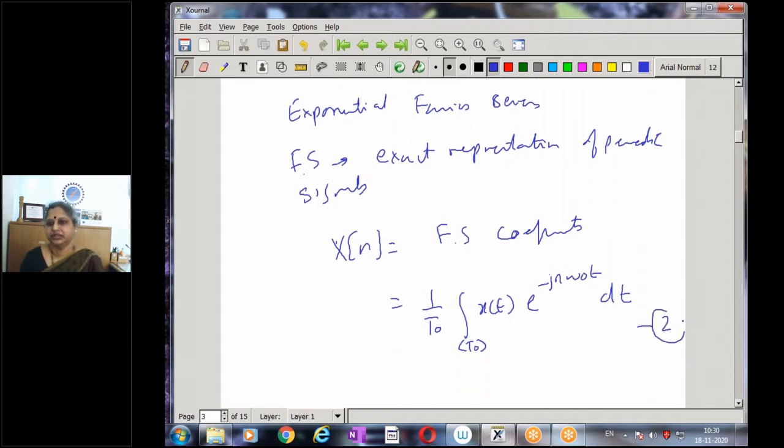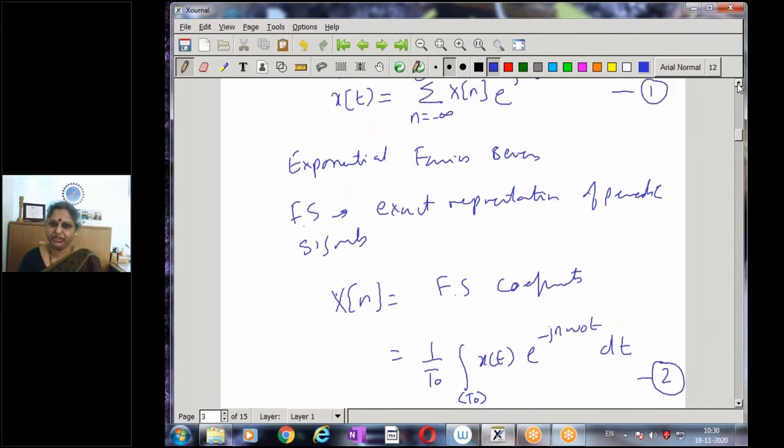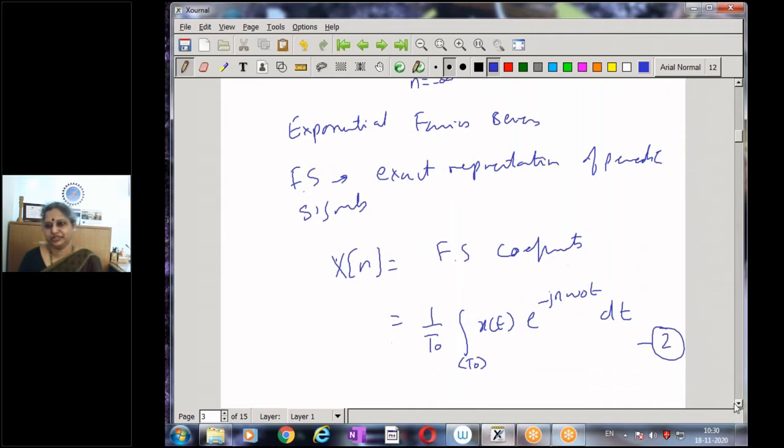So given any periodic signal, what we need to do is compute the Fourier series coefficients using this expression, that is 1 by T naught, the period of the signal, and this represents integration over one continuous time period. It could be 0 to T naught, minus T naught by 2 to plus T naught by 2, or T naught to 2 T naught. I mean, one continuous interval of T naught. I integrate the signal x of t, and then I get the Fourier series coefficients.